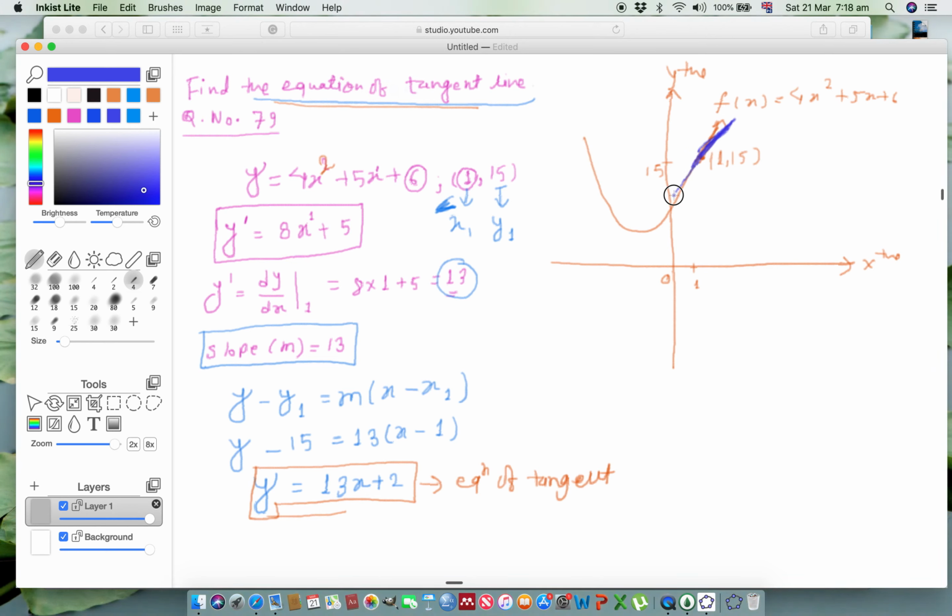We have to find the equation of this tangent line. What can be the equation of this tangent line? This is the tangent line, and the equation we found is y is equal to 13x plus 2. Okay, done.